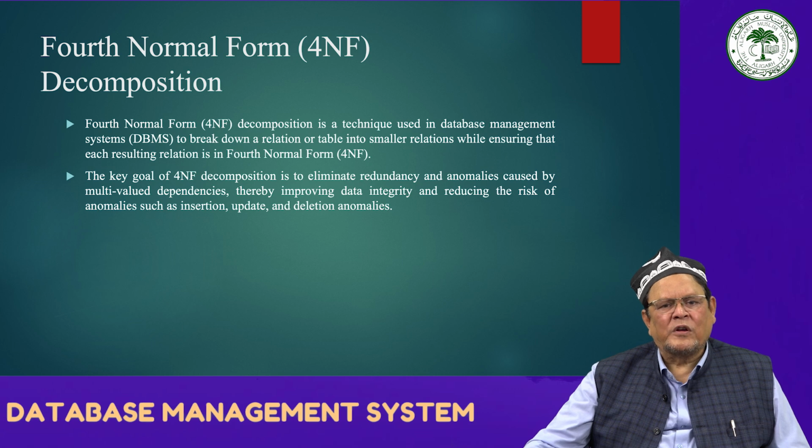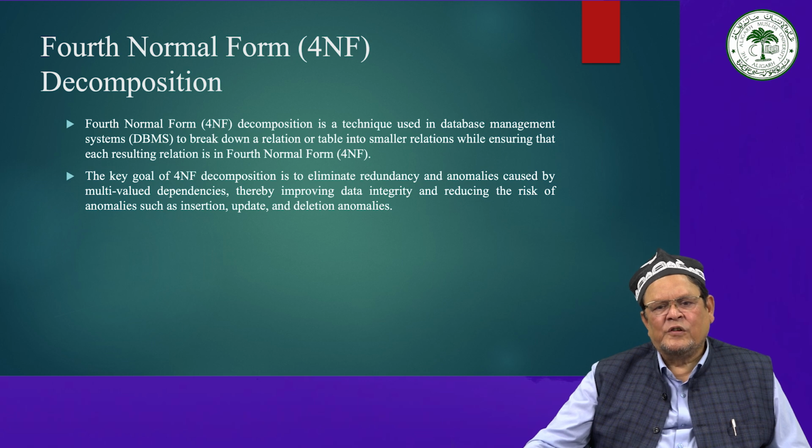Fourth normal form decomposition. Fourth normal form decomposition is a technique used in database management systems to break down a relation or table into smaller relations while ensuring that each resulting relation is in fourth normal form.